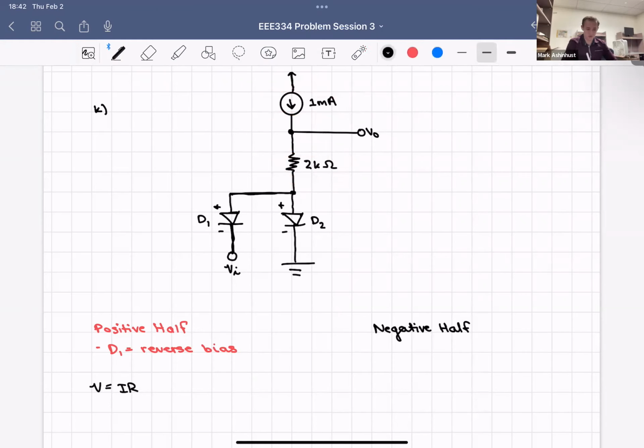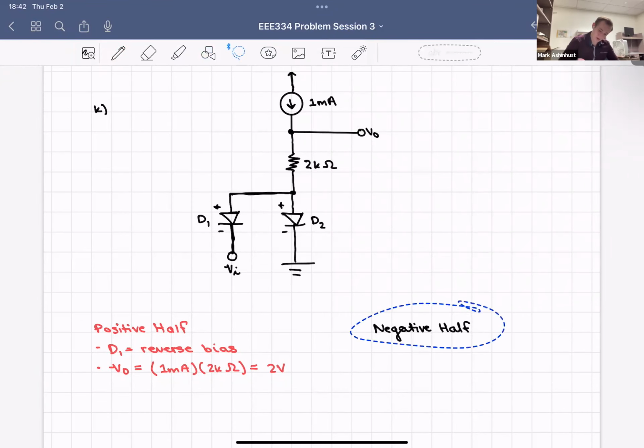So we have two of the three. We want to know the voltage, we have current and resistance. Plugging it in, for the positive half, our V out is going to be equal to 1 milliamp times 2 kilo ohms. Just 2 volts. Awesome.